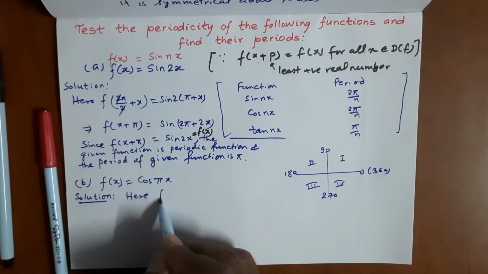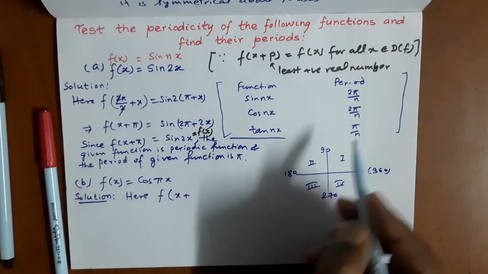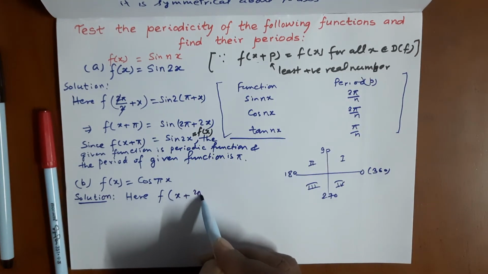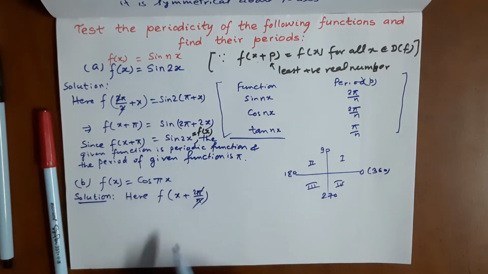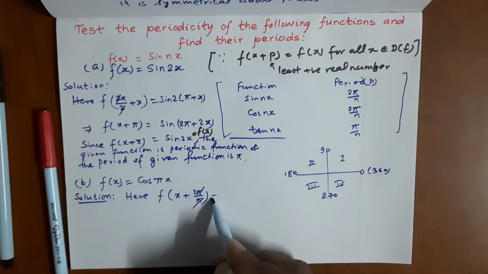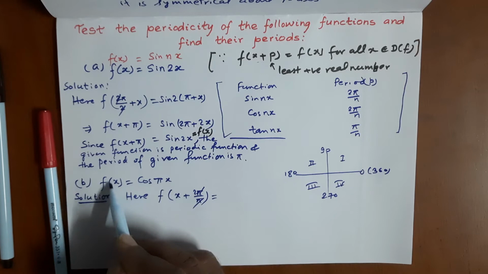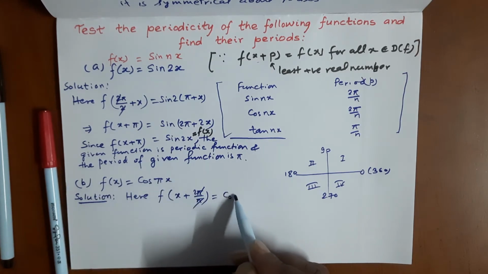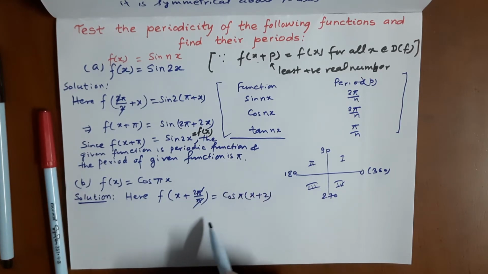Here f(x plus p), in place of p, the period, we have 2 pi over pi, and pi can be cancelled. So we have f(x plus 2). Inside the bracket what is there, that is x, so in place of x here also we can put x plus 2: cos pi(x plus 2).